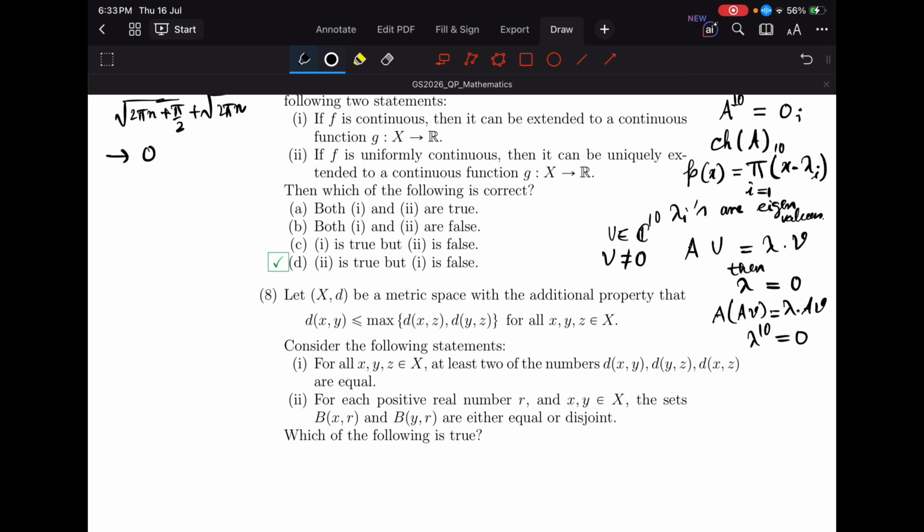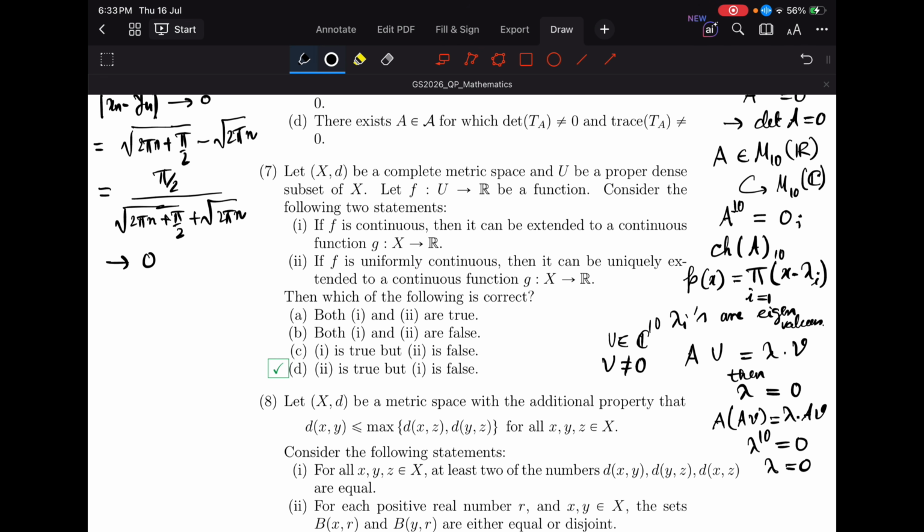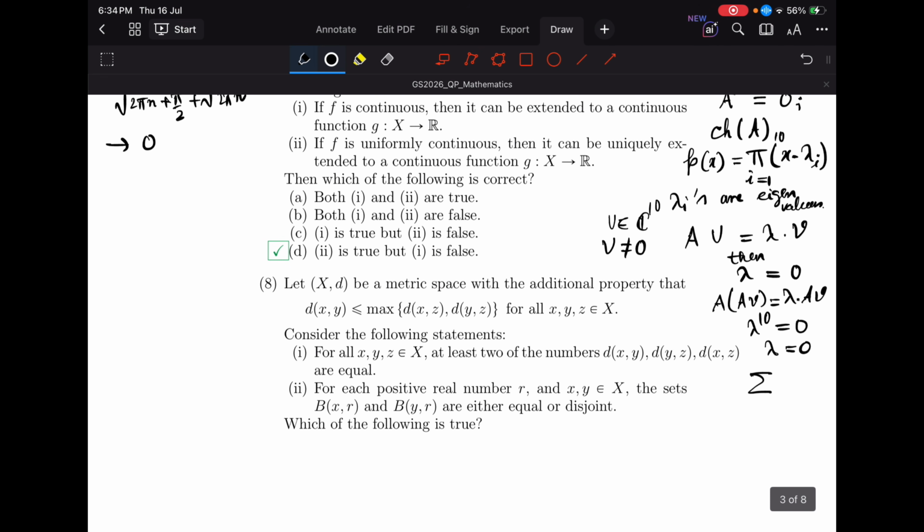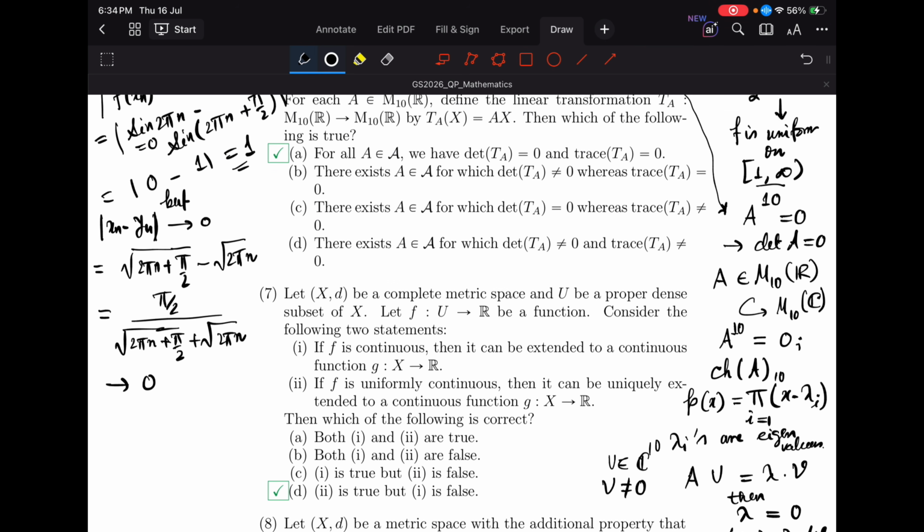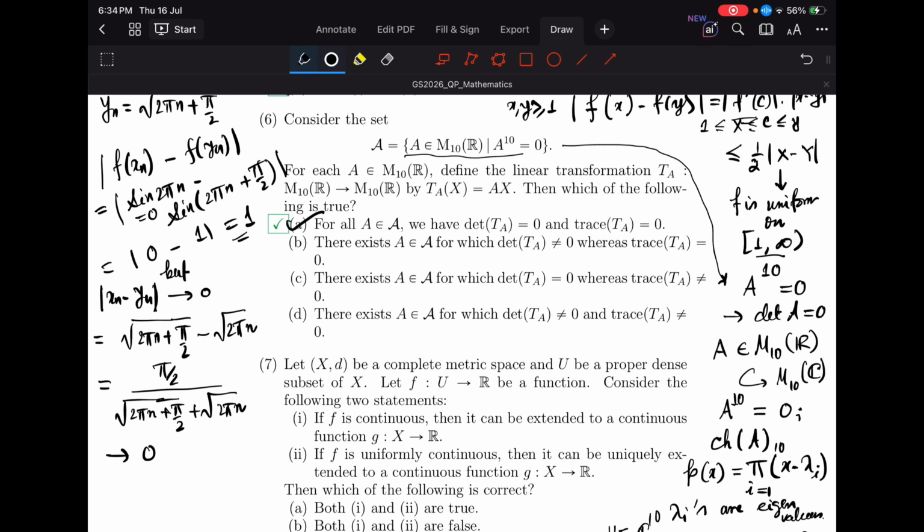So every eigenvalue is 0, so lambda is 0. So the sum of the eigenvalues, the sum of lambda, is the trace of A, which is 0. So trace is also 0, is correct.